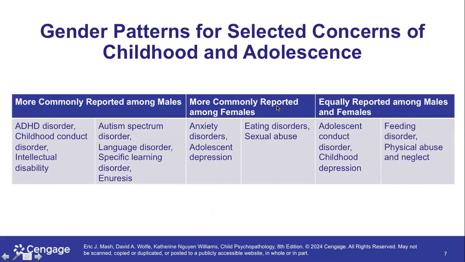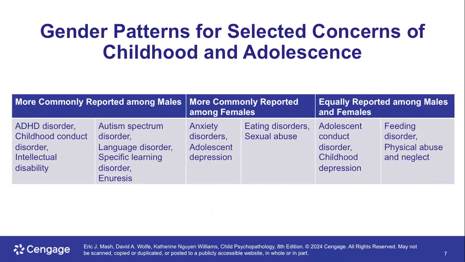Now, I said to you that certain conditions are going to show up more frequently amongst males. Others are going to show up more frequently amongst females. And then there are some conditions that are roughly equivalent. So if we look at ADHD, well, ADHD is a cognitive-based disorder.